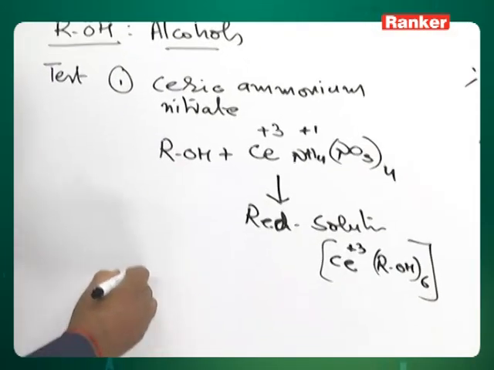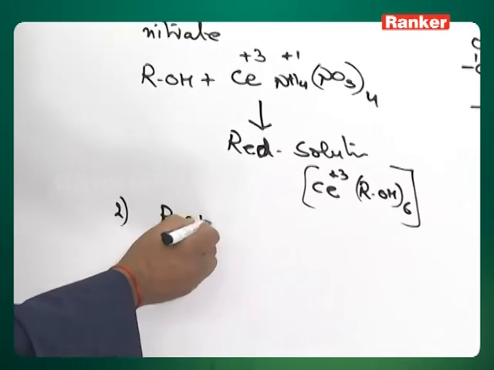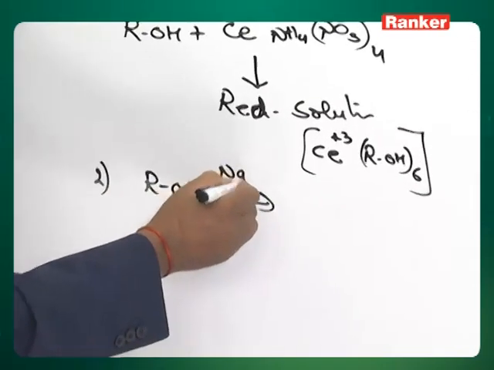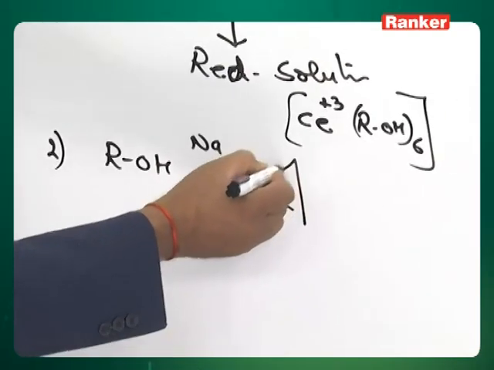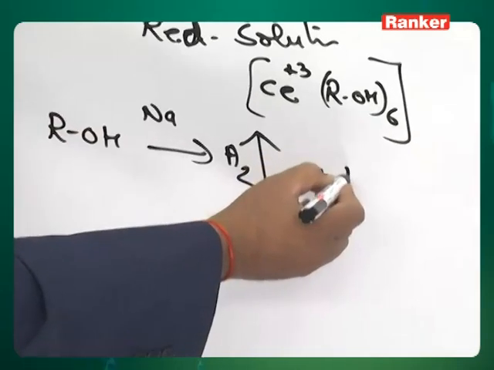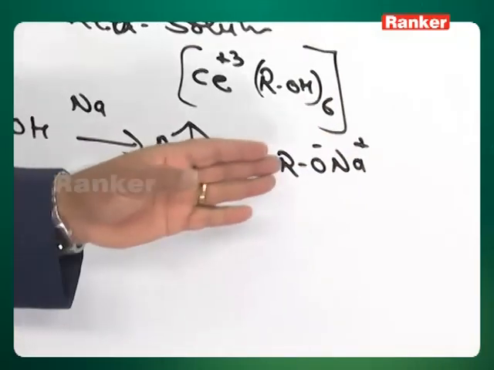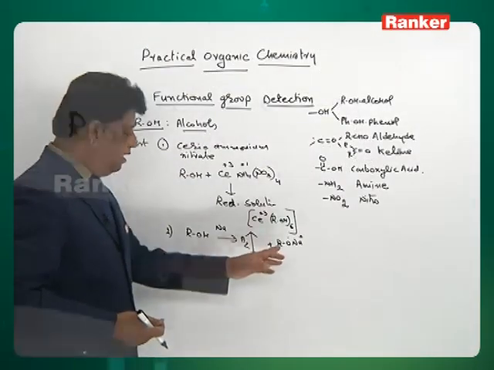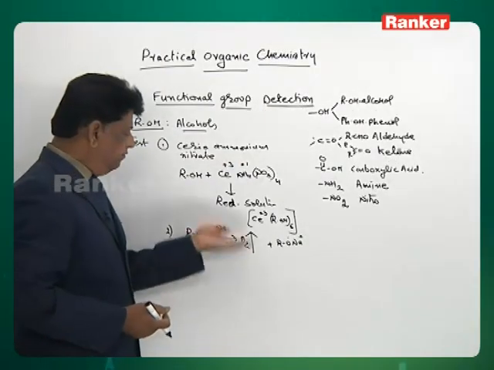But alcohols also react in another common test. Alcohols react with sodium metal, hydrogen gas is liberated, and the compound becomes the sodium salt of the alcohol, so sodium alkoxides are formed. We cannot detect whether the alkoxide is formed, but the hydrogen gas coming out one can easily identify.